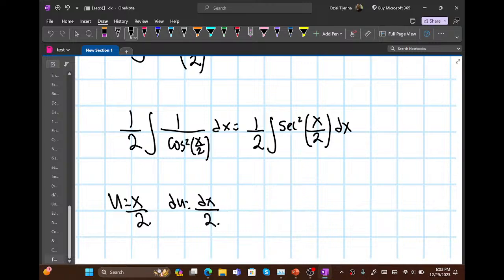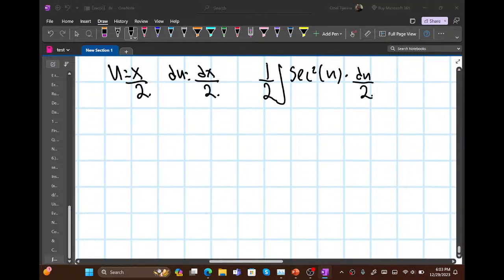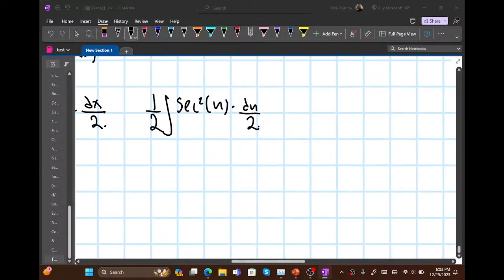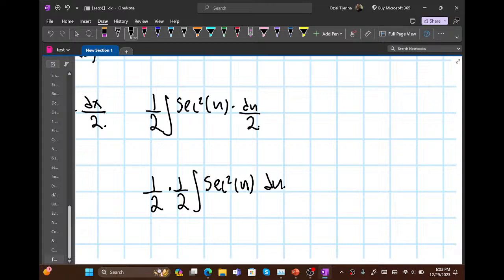So 1/2 times the integral of secant squared of u times du over 2, which is 1/2 times 1/2 times the integral of secant squared of u du, which is really 1/4.